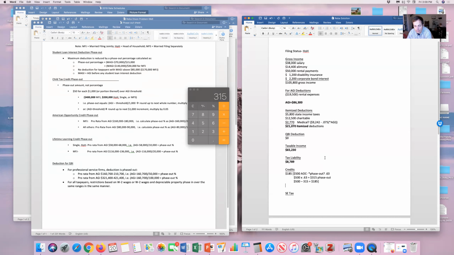Heather is 20, so she can't get the child tax credit, but she is a qualifying child. So we know somebody who's a qualifying dependent who can't get the child tax credit can get the credit for other dependents. So she can get a $500 credit for other dependents or other dependent credit.